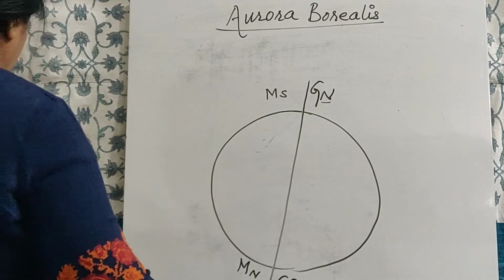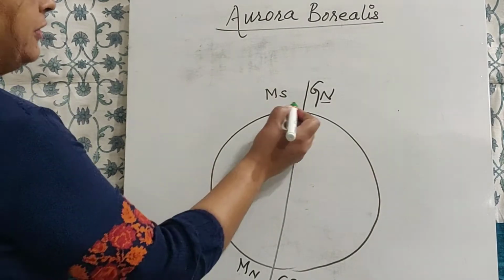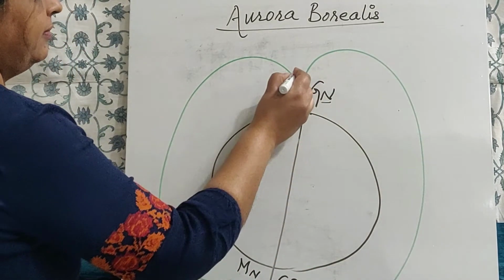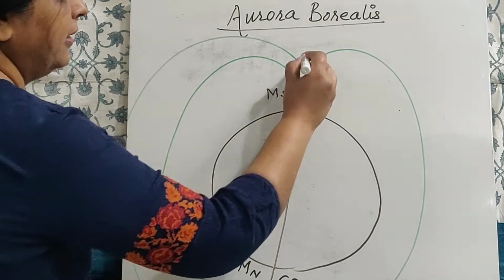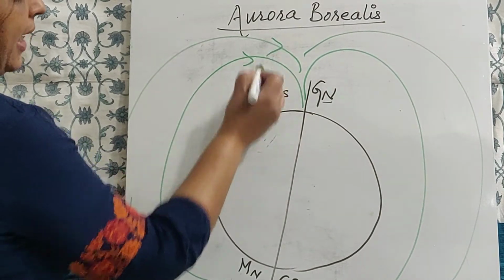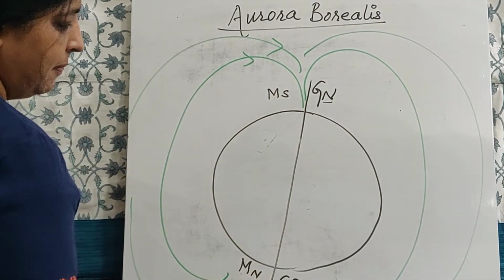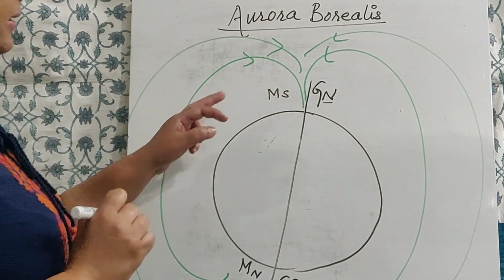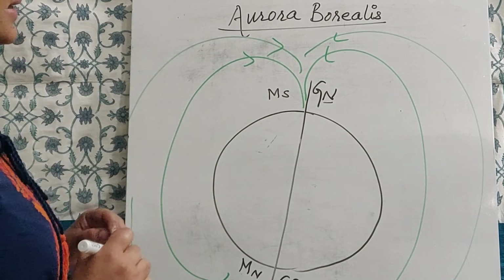So if I draw the magnetic field of the earth, the magnetic field pattern around the earth can be drawn like this. And because it is magnetic south, lines will be entering here, and going out here, and entering into the magnetic field like this.